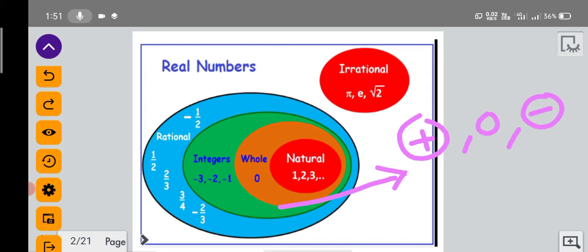So integers are the combination of all natural numbers, or we can say the combination of whole numbers and all negative numbers.